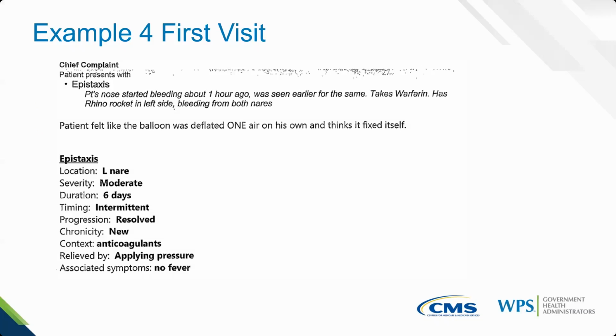We can see here that the physician has identified the severity of that nosebleed as moderate. It's lasted for about 6 days. We also have, however, our progression shows that this is resolved. This does show that the patient is on warfarin.